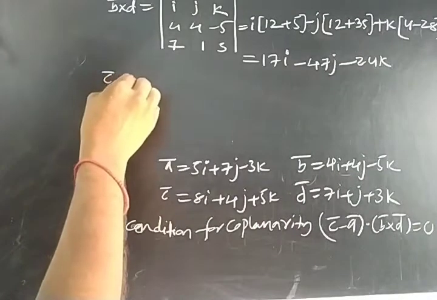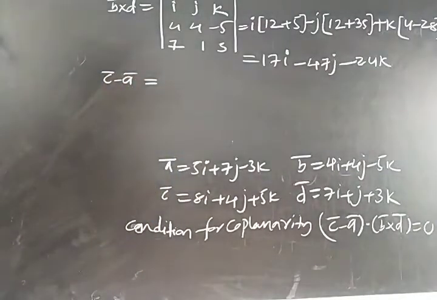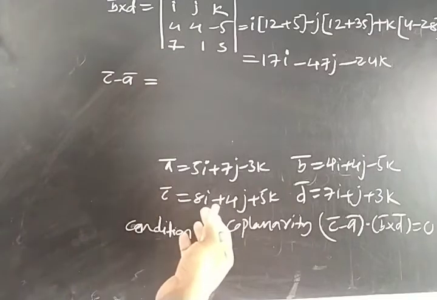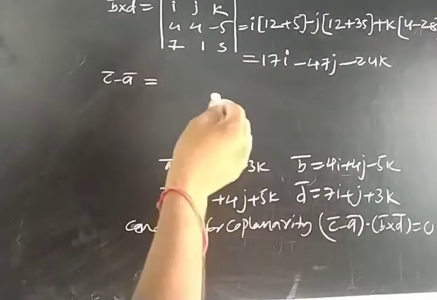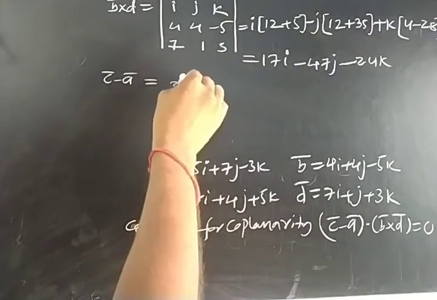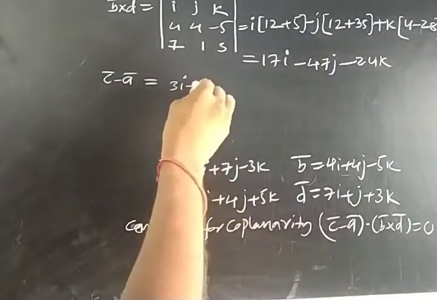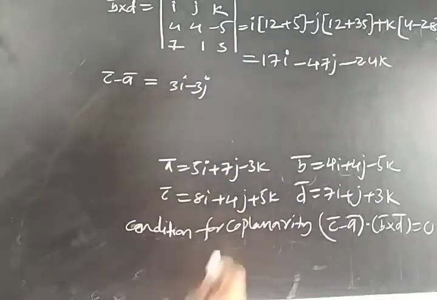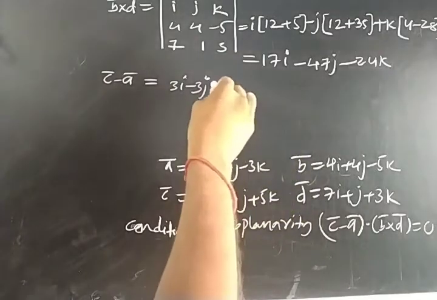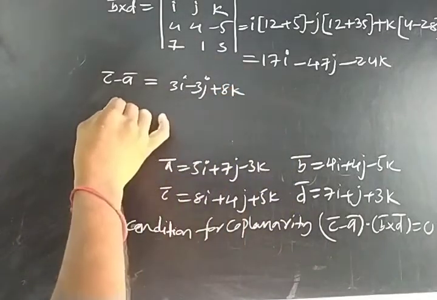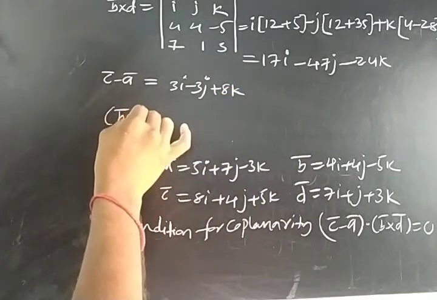Next c bar minus a bar. C bar minus a bar is 8i minus 5i, 3i; 4j minus 7j, minus 3j; 5k minus of minus 3k, plus 8k. Now check the coplanarity.